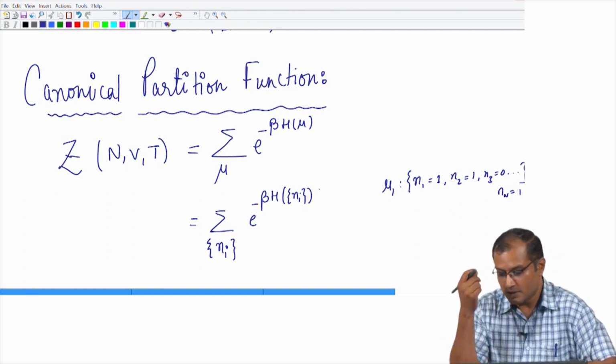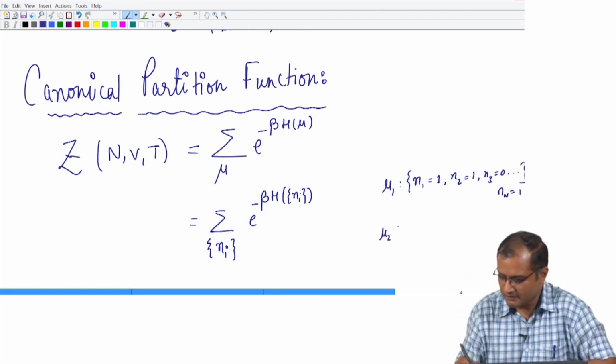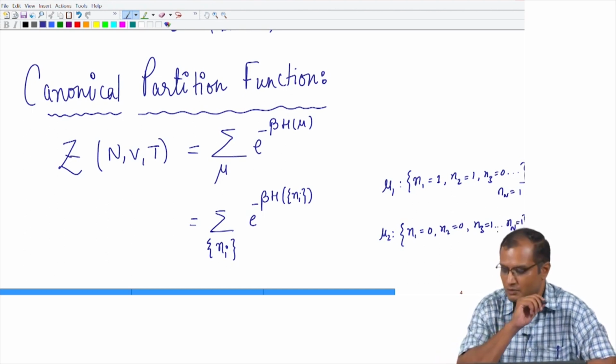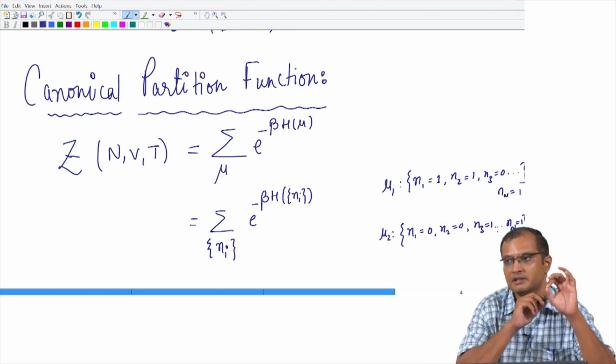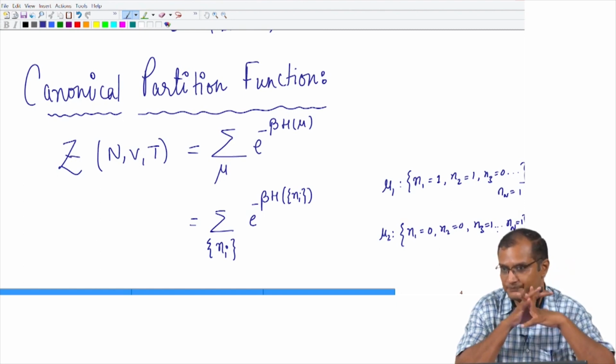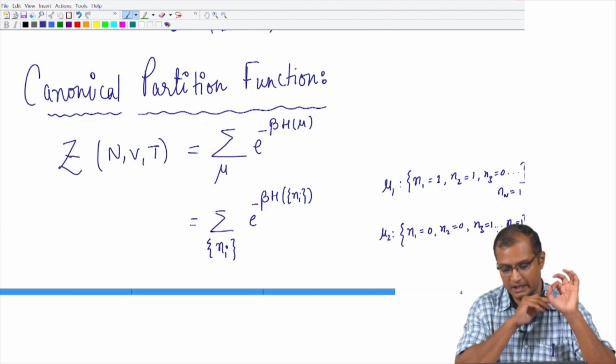Now, these excitations will change between microstates. So, mu 2 may have different values of these excitations. So, n1 may be 0, n2 may be 0, n3 may be 1, and nN may be again 1. So, each microstate is a set of specified values of ni's in such a way that the temperature is T in the thermodynamic limit.